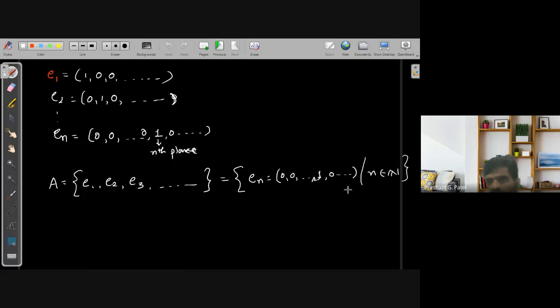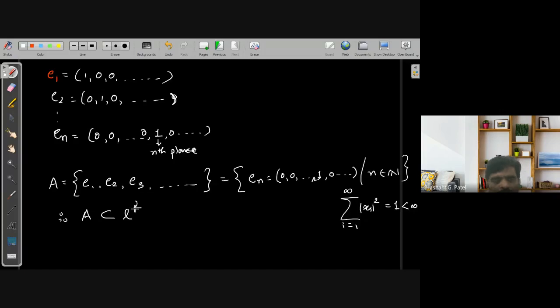So here the summation is 0 square plus 0 square plus 1 square up to 0 square. So this summation, i running from 1 to infinity, of mod of xi square, in this case is 1, which is finite. Therefore I can say that A is a subset of L2, and this is true for any n.